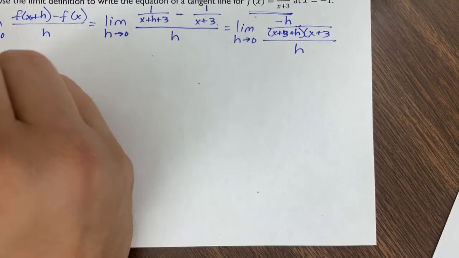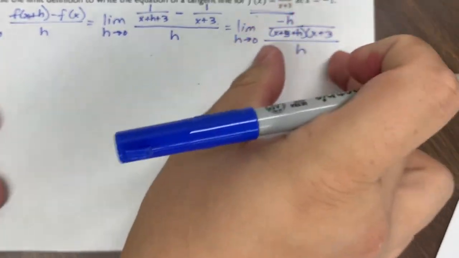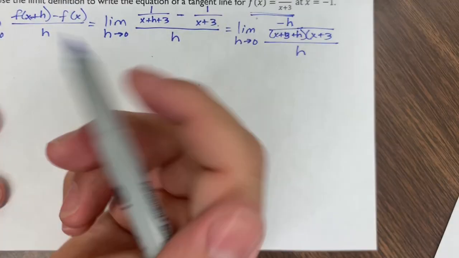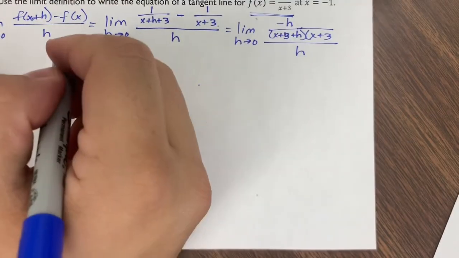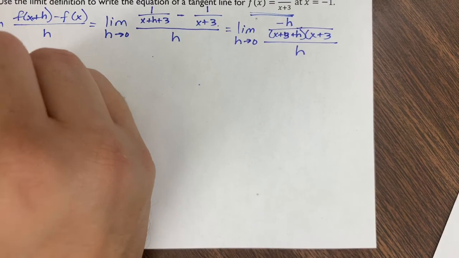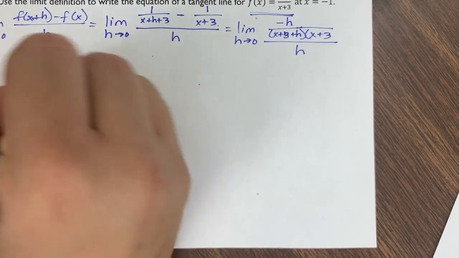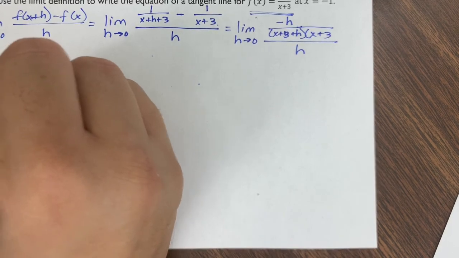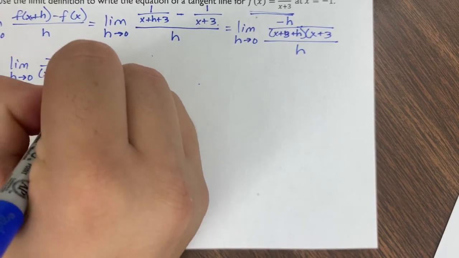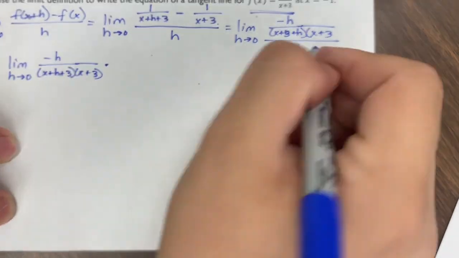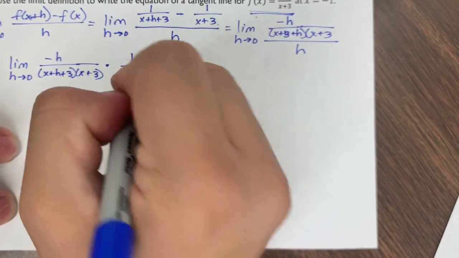Then, since you have a fraction within a fraction, you multiply by the reciprocal of the denominator. So the limit as h approaches 0 of the numerator over x plus h plus 3 times x plus 3, times the reciprocal of the denominator, 1 over h.